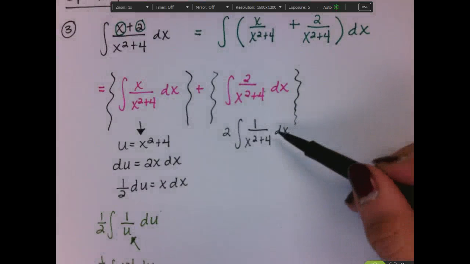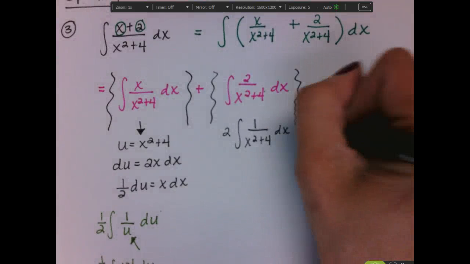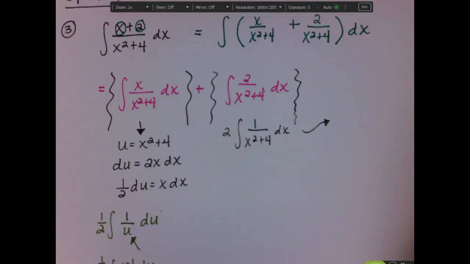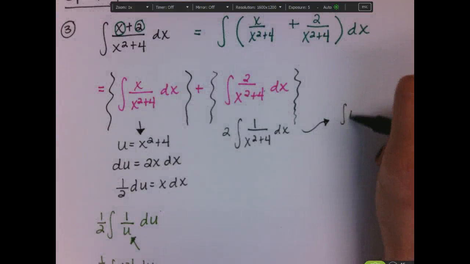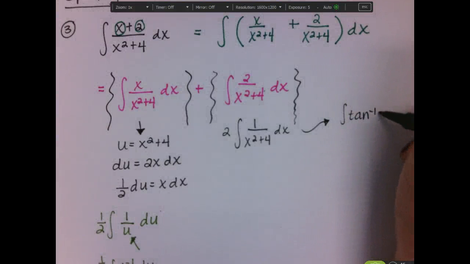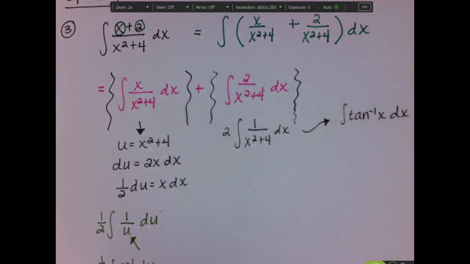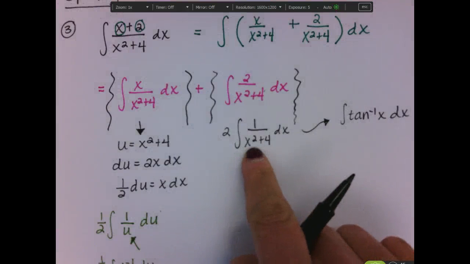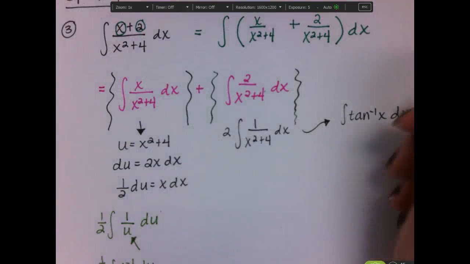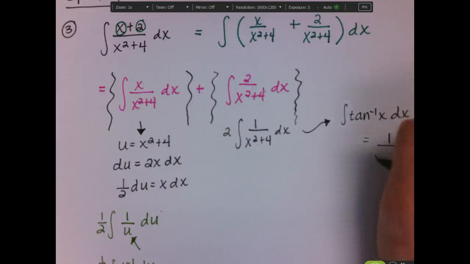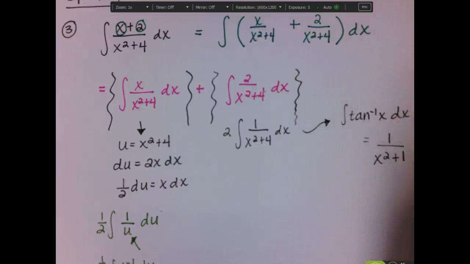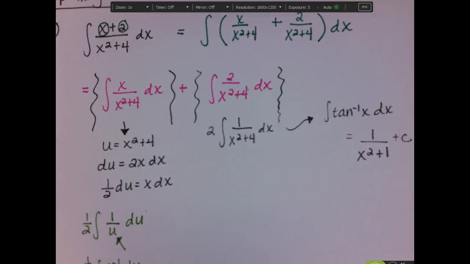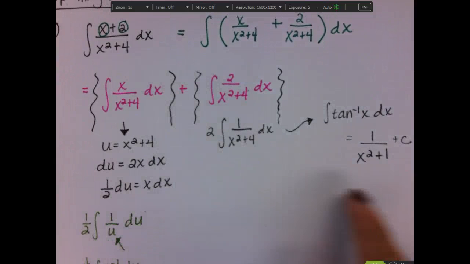And so again, if you're looking at your formula sheet, you're going to notice that when you integrate inverse tangent of x, the format is similar to what you're seeing here. So you're going to get 1 over x squared plus 1 when you integrate that. So we can make that work here.